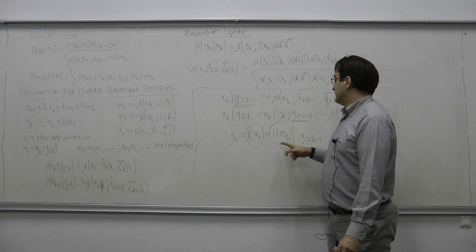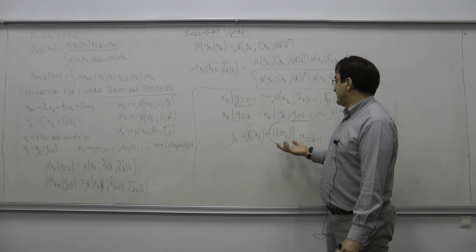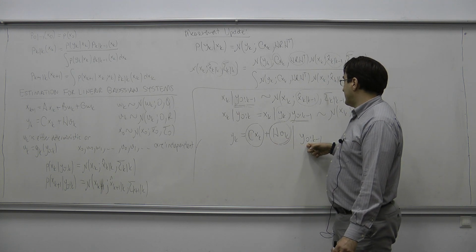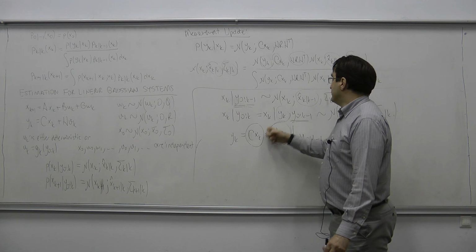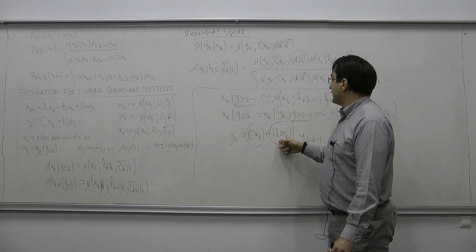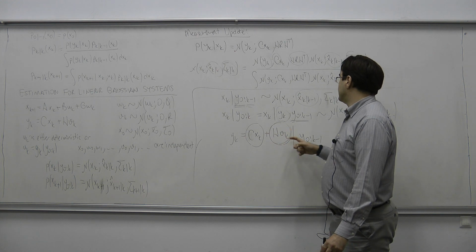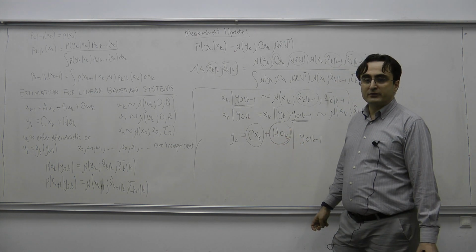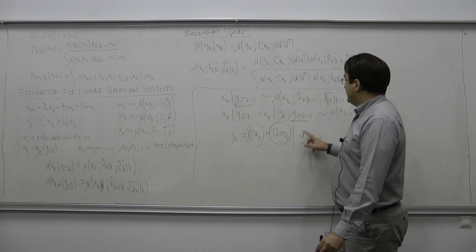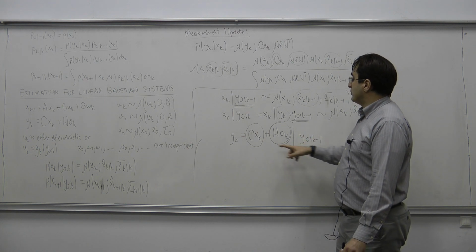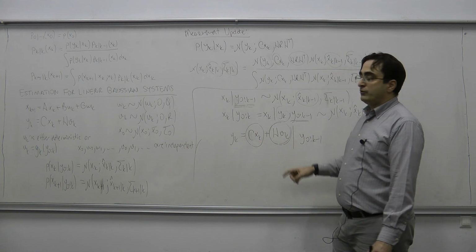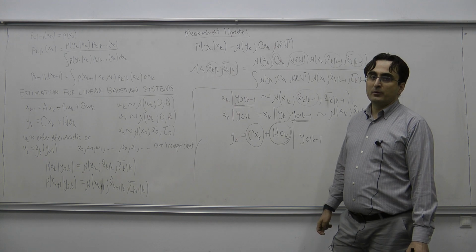And how do I know that they are independent? Because given y0:k-1, Hvk is independent of the previous states and the previous measurements. So given y0:k-1, Cxk and Hvk are independent from each other.